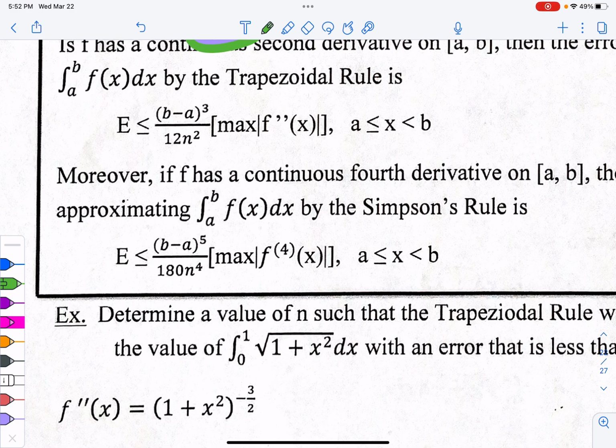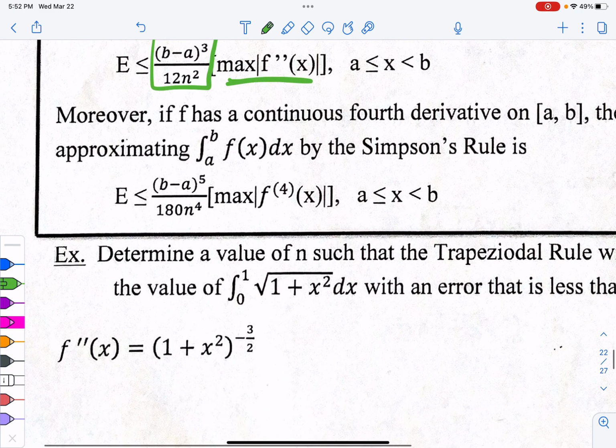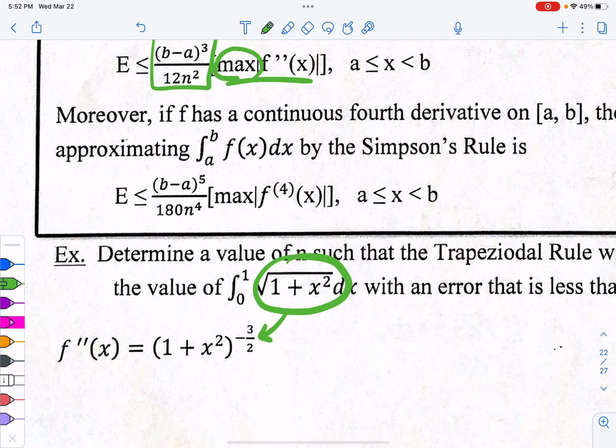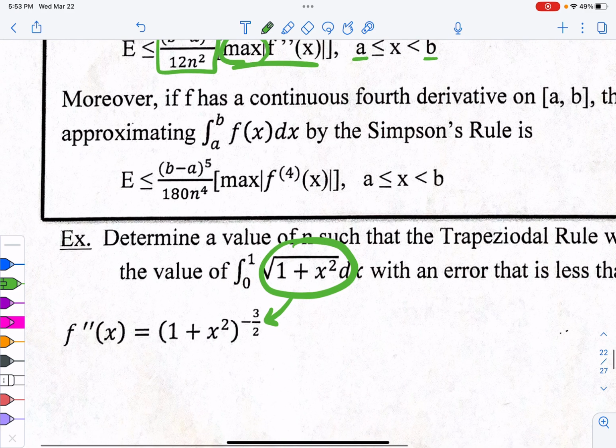So the deal here is to calculate the error for the trapezoid rule, we do this thing, which isn't hard to figure out. B and A, we know that, and N, we know that. But then this is saying find the second derivative of your function. So this guy, his second derivative is this. And it says use the maximum value of what you get when you plug in A or B. So here's the deal.